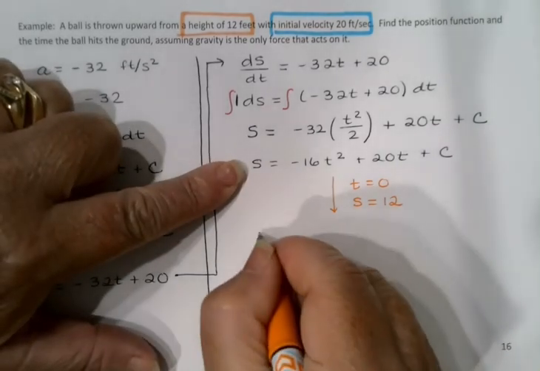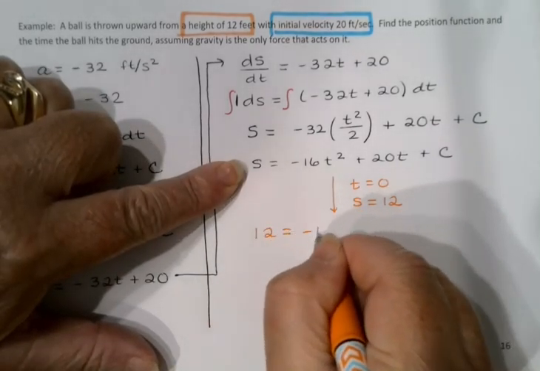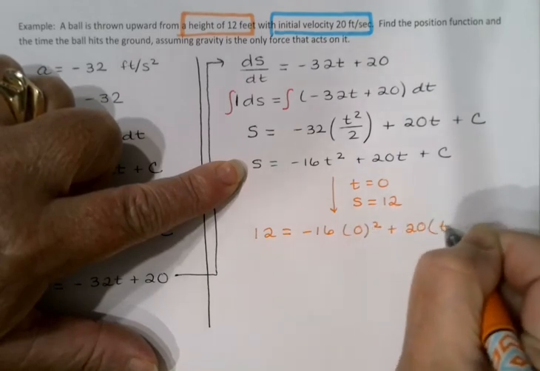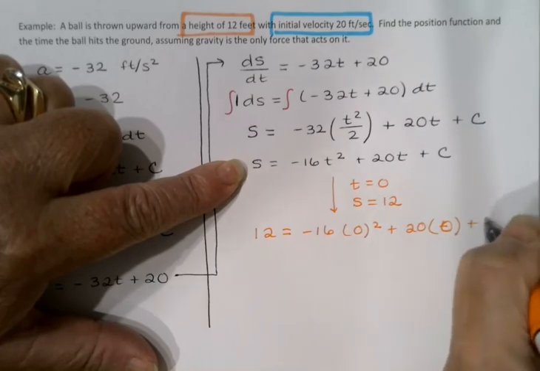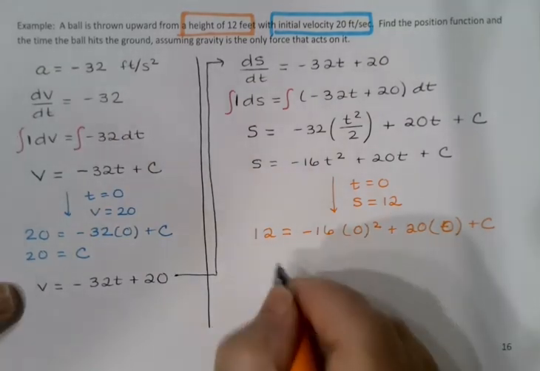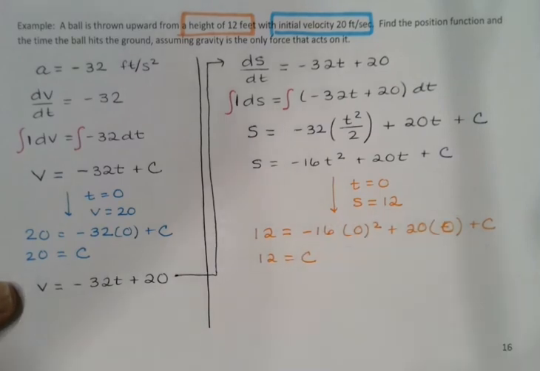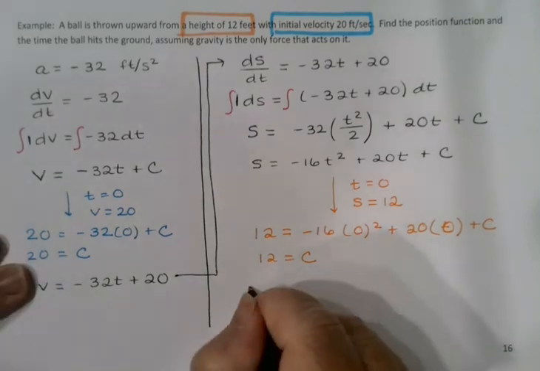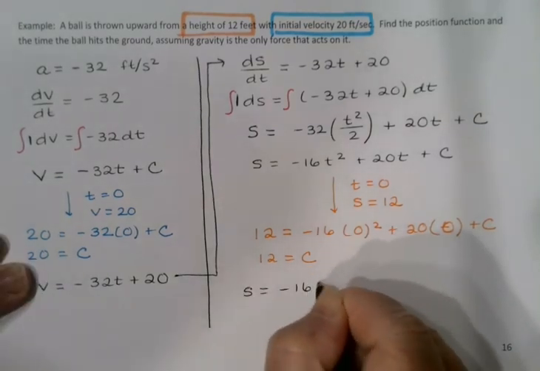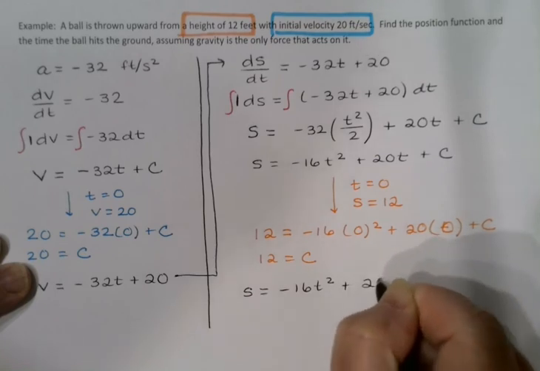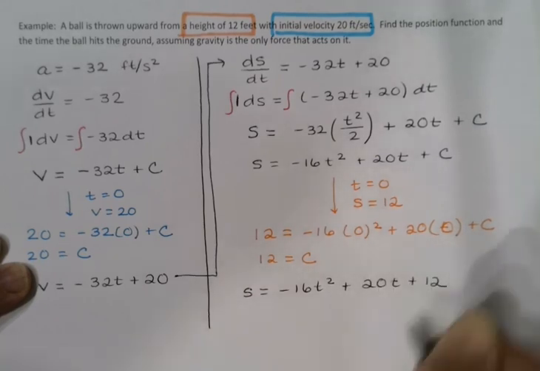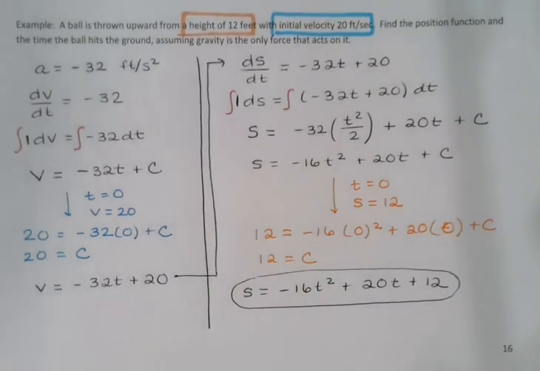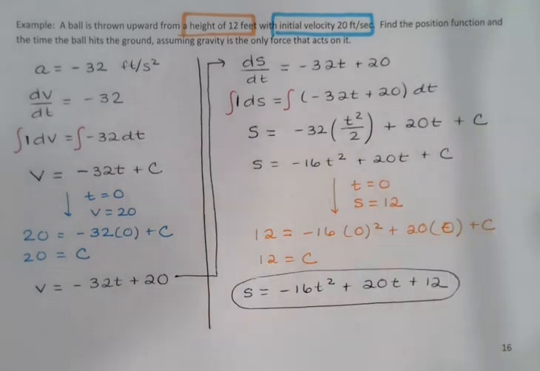So if I plug that in, 12 equals negative 16 times 0 squared plus 20 times 0 plus c, and I find that 12 is equal to c. So my final position function is s equals negative 16t squared plus 20t plus 12. And that was the first thing that I was asked to find, the position function.